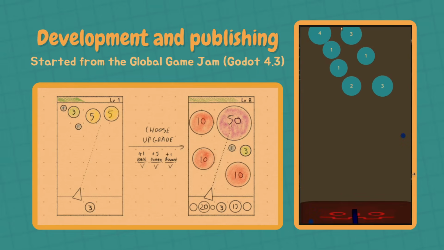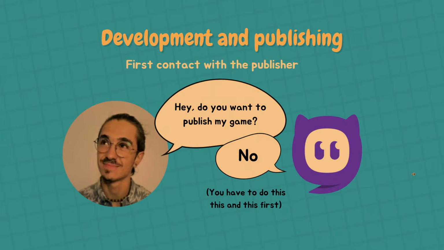We basically did almost all the game in 2 days, in 1 weekend, the core gameplay mechanics, and then after the jam, I started contacting some publishers. I tried to contact Poki, CrazyGames, starting from the major ones and going to other publishers. And CrazyGames showed some interest in the game, but they asked for some changes.